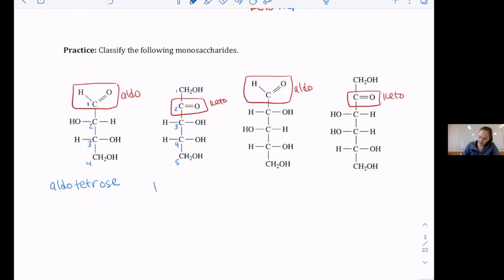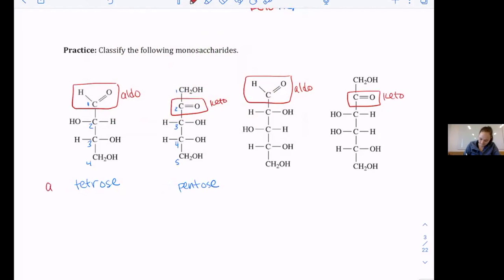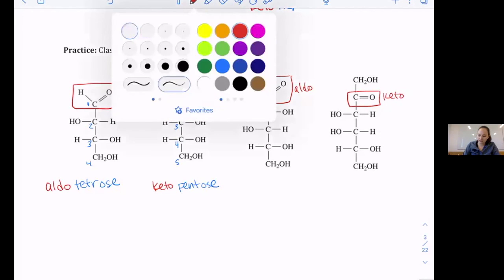So now we have keto, pentose. I'm going to change these colors real quick so that we match our color scheme from before. Ketopentose is the name or classification of that particular molecule. And then let's keep going.